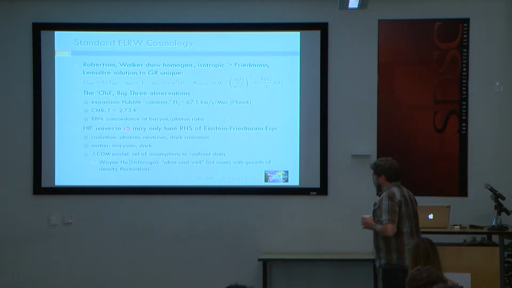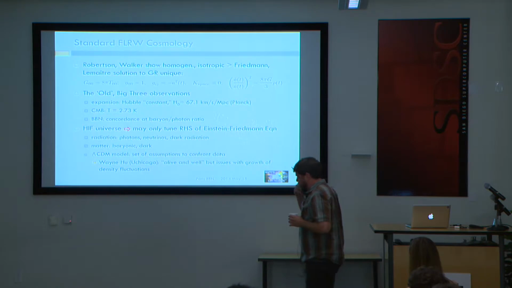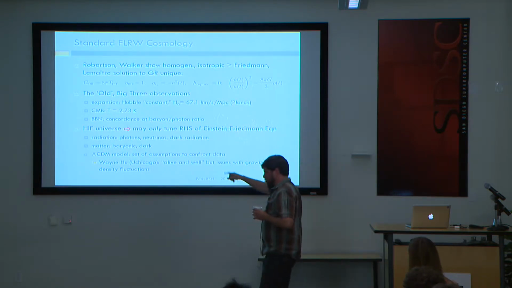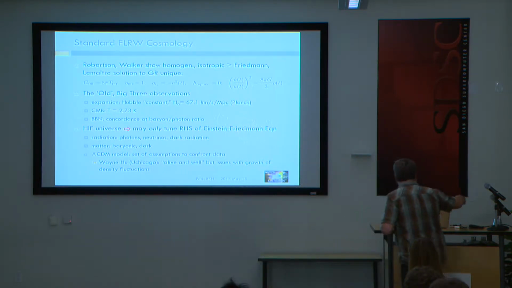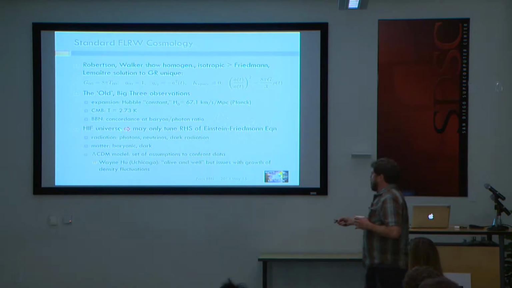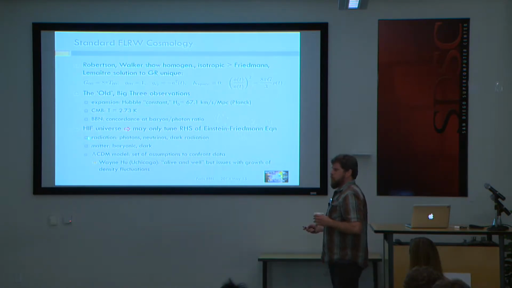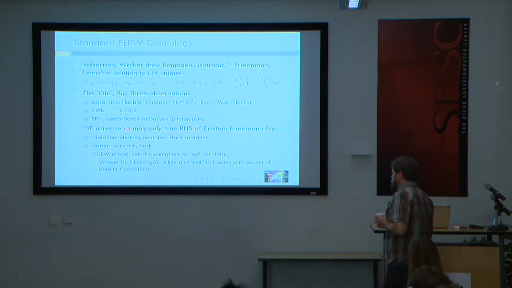And then once you have this homogeneous isotropic flat universe, that's what HIF means over there, then you're pretty much stuck. You can't do anything else with space-time. All of your tuning has to happen on the right-hand side of the equation in the energy momentum tensor, the time-time components.